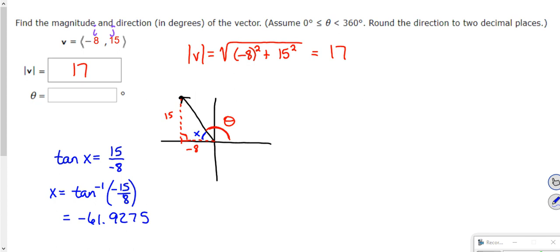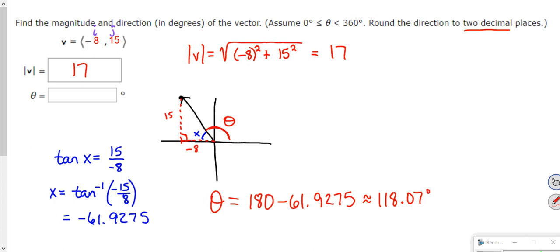Okay, so in order to get theta, then theta is going to equal 180 minus 61.9275, which is approximately 118.07 degrees, because they said 2 decimal places.